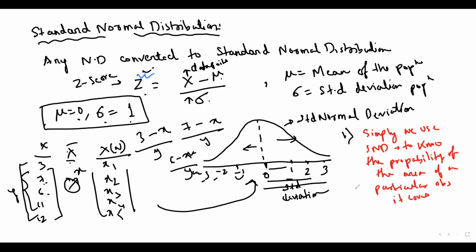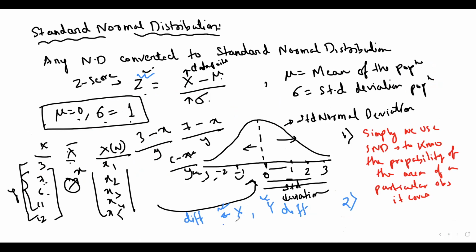The second thing is, let's say we have different random variables, X and Y, which are normally distributed, and we want to compare these two variables. This will be in a different scale and this will be in a different scale.